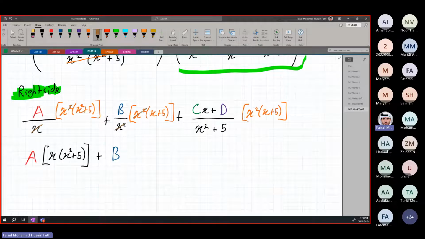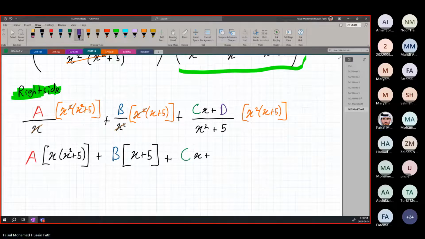Here we can cancel x squared completely with x squared, and we're left with x squared plus 5. Plus Cx plus D times, again, we cancel x squared plus 5 with the x squared plus 5 at the bottom, and we're left with x squared by itself.